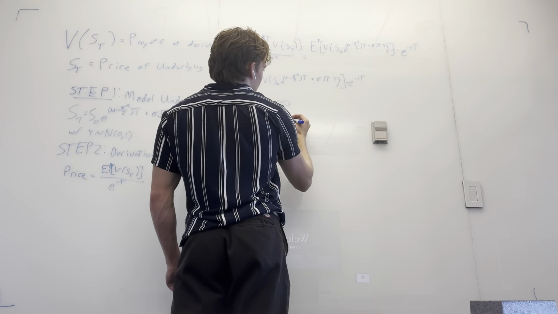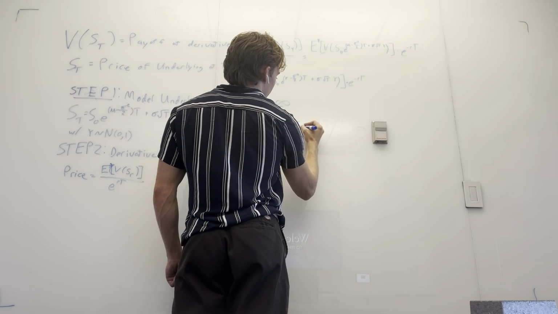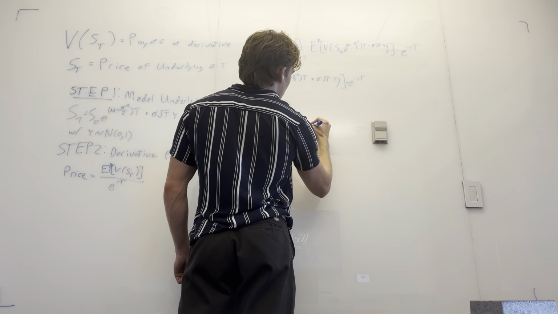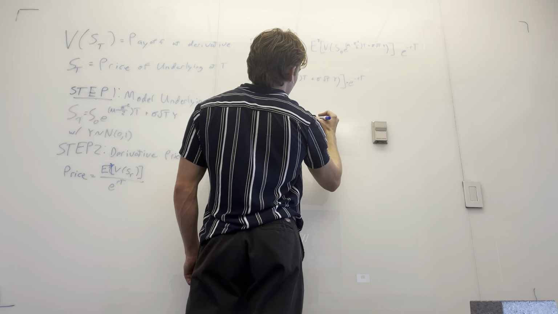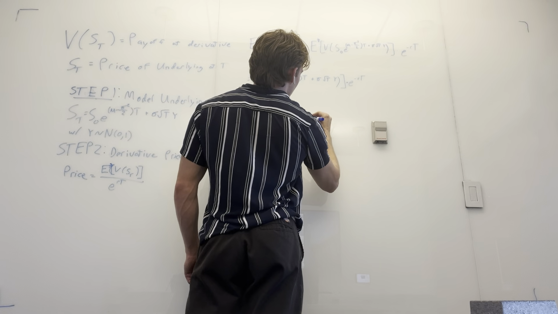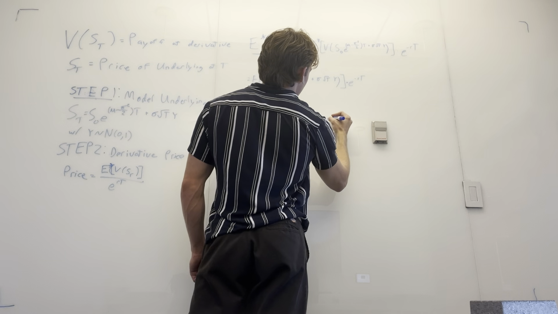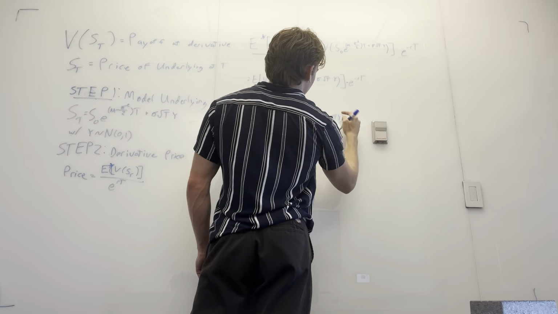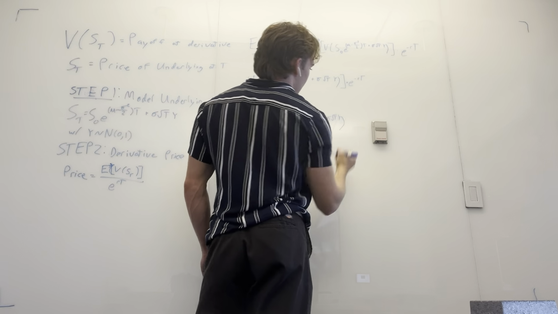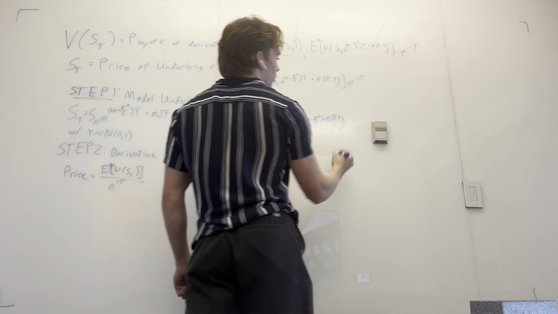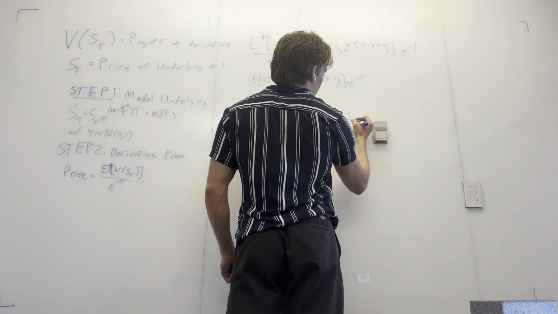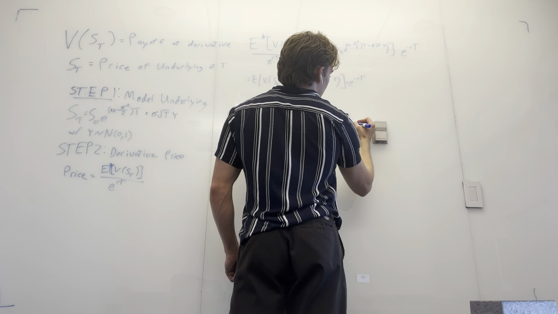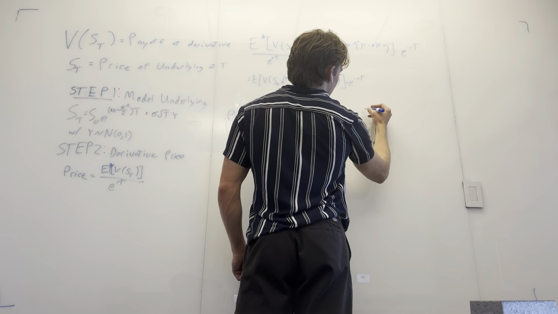And then we are going to have V of S0 e to the r minus sigma squared over 2 plus sigma root T y. Have that. And then we are going to have our standard normal PDF, which is going to be that.